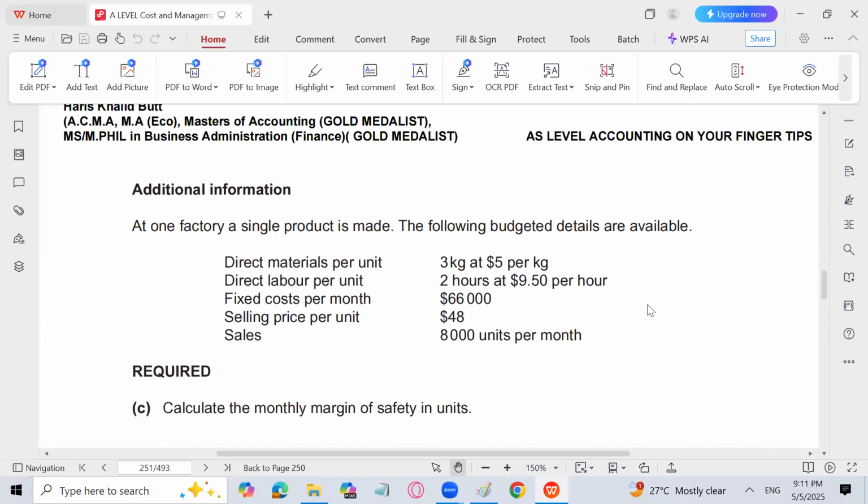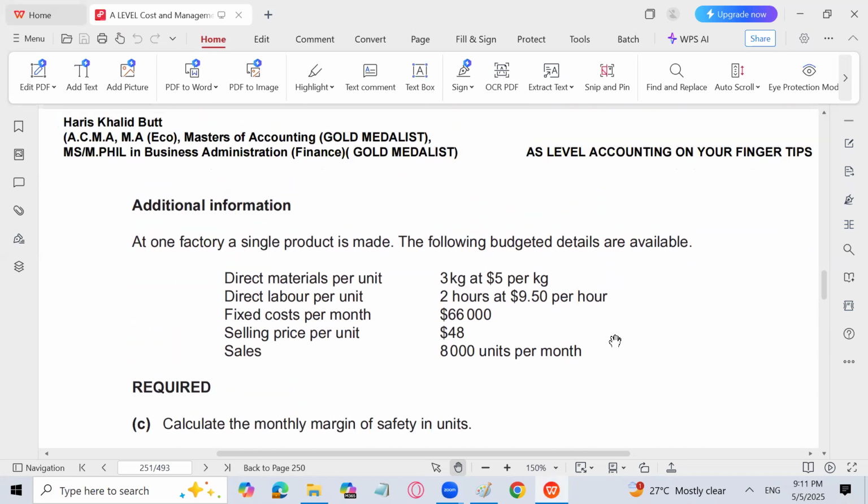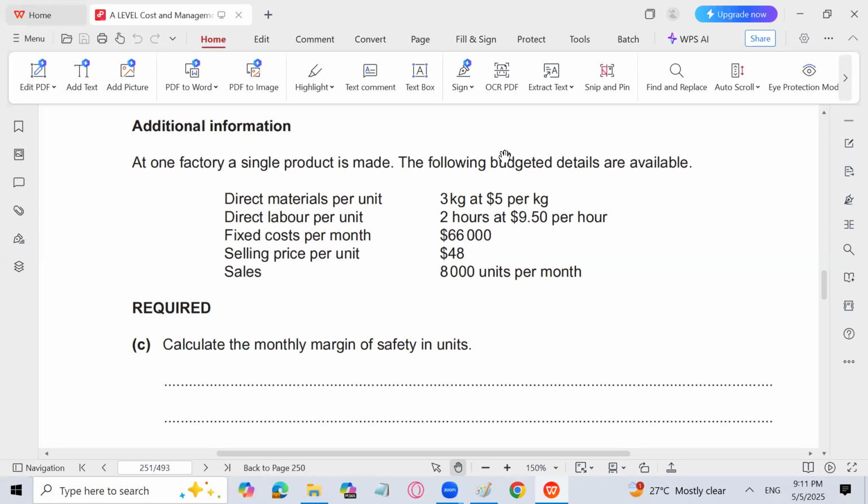Calculate the margin of safety in units. So let's calculate the margin of safety in units. Margin of safety will be actual units sold minus break-even units sold. Okay, so let's do that. We have to calculate break-even. The formula for break-even units is fixed cost divided by contribution per unit.